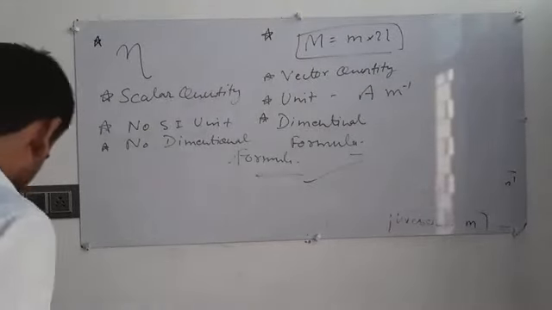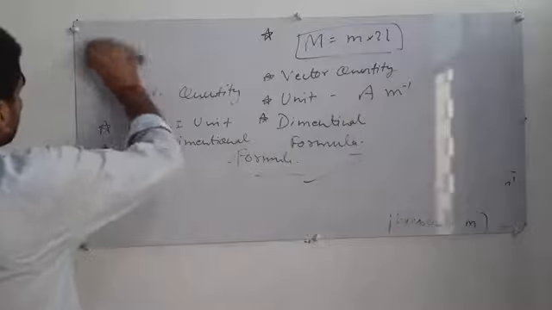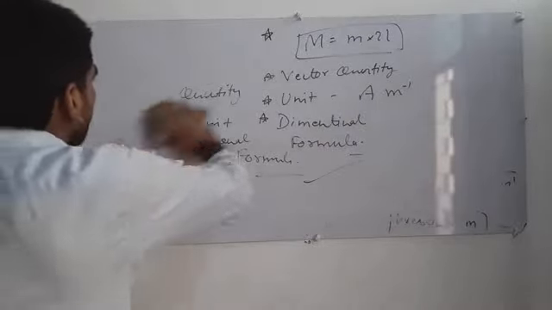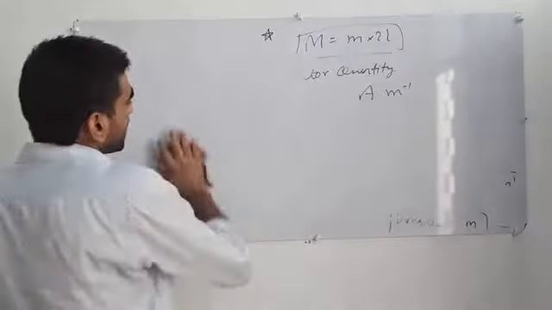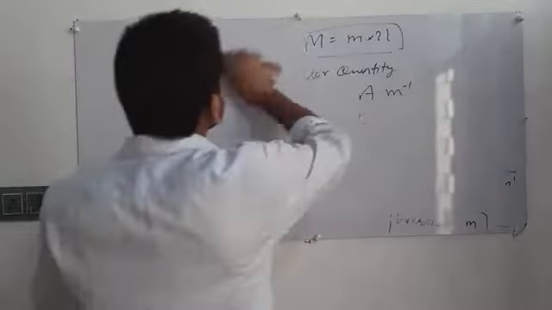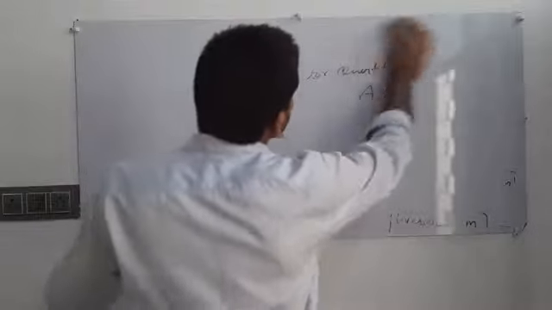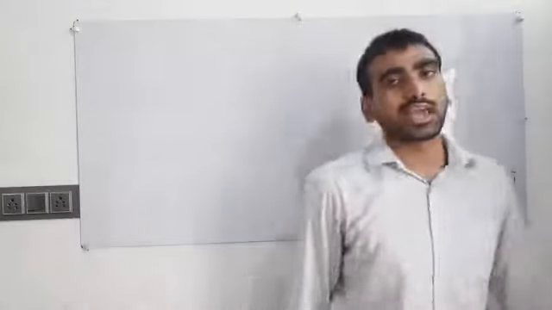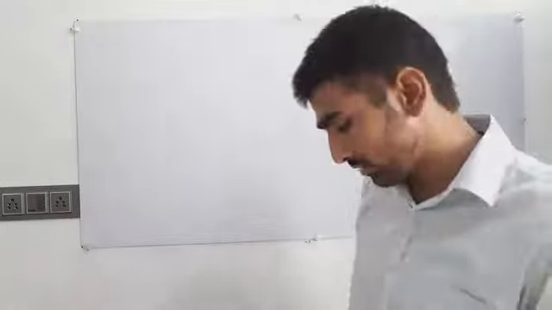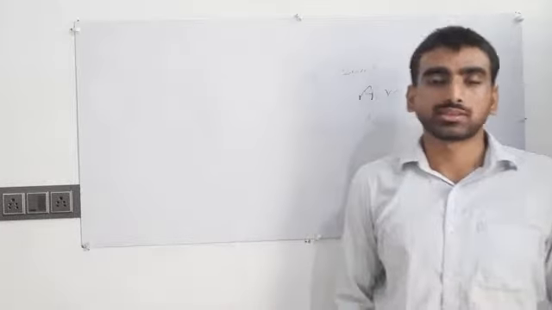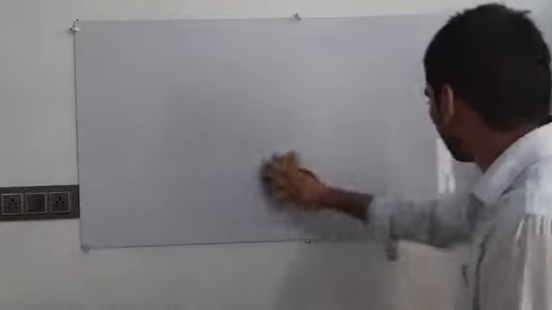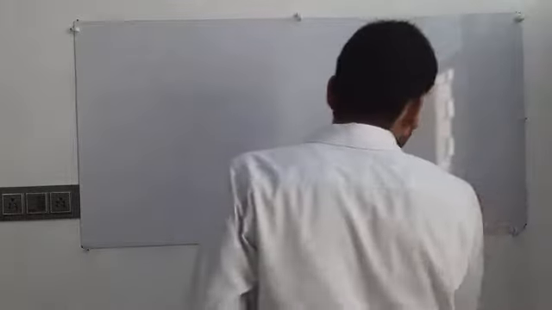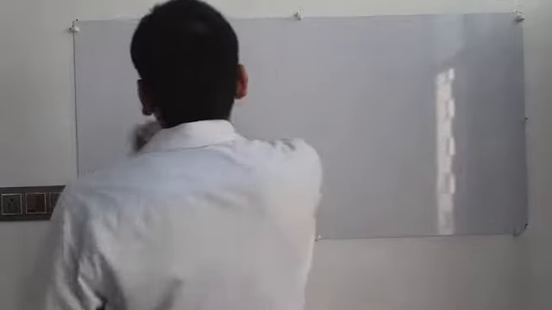Now we are going to discuss the magnetic material types. In the first video of this chapter, I already talked about magnetic materials. Magnetic materials can be divided into three categories: one is diamagnetic, the second is paramagnetic, and the third is ferromagnetic. Let's talk about the properties of these materials, because they are very important.